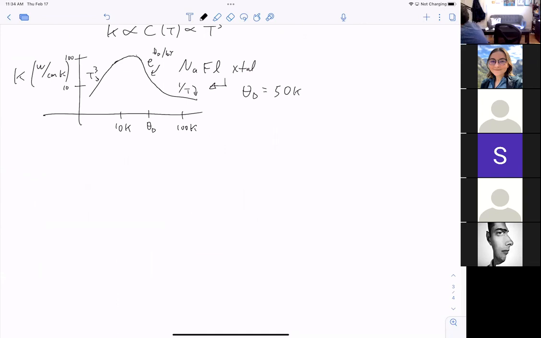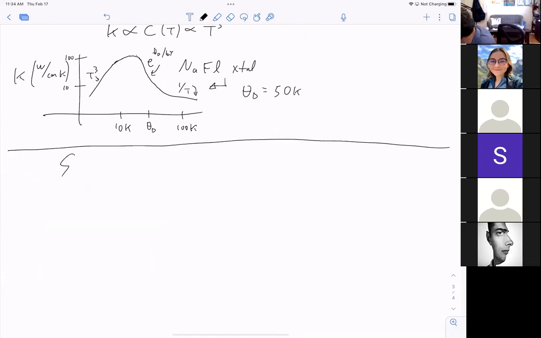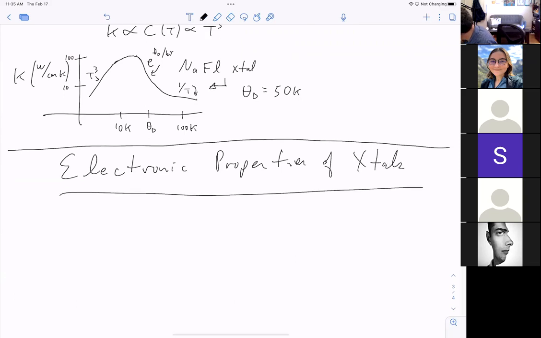Okay, so now we're going to move to the next topic. Now it's time for us to switch gears and do the next topic, which is electronic properties of crystals. We're going to discuss electronic properties. Now we've talked about electrons already in this class, but not too much.